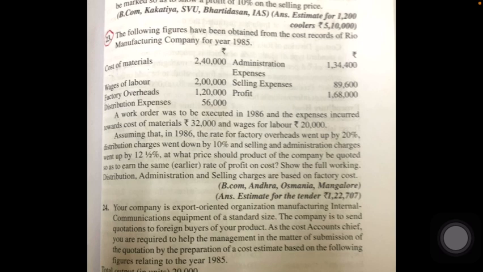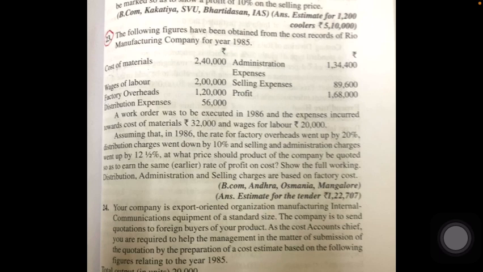Selling and administration overheads are increasing by 12.5%. And it is also mentioned that the price to be quoted in the estimate should include 10% profit as was realized in the last year on cost. These are the main points in the sum number 23.